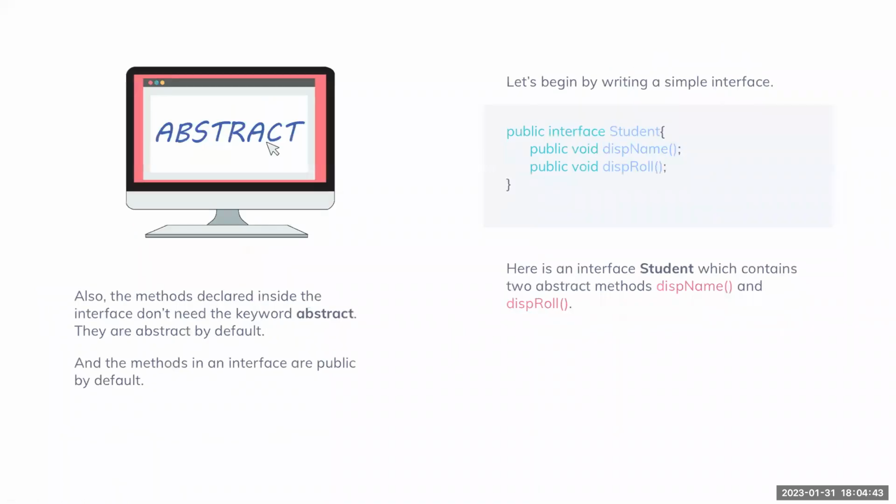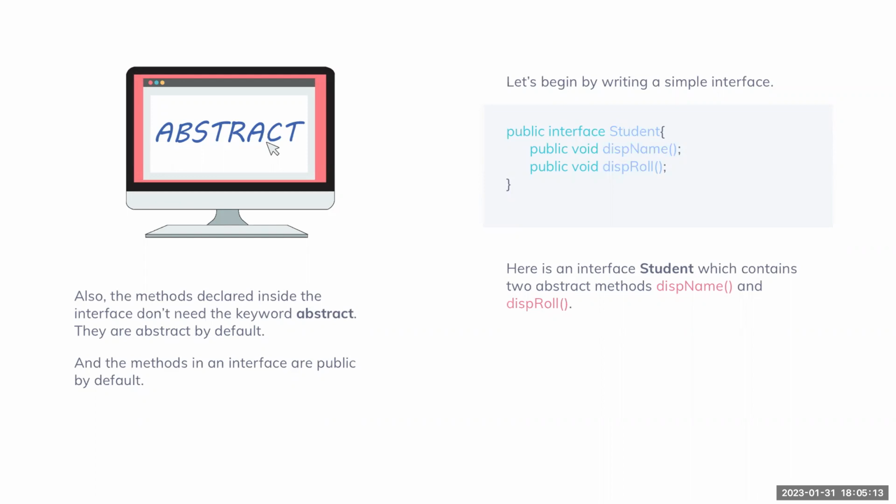So when you say the interface itself is abstract, then we might have a doubt about what exactly happens with the methods inside the interface, right? Everything is abstract. The methods declared inside the interface don't need the keyword, because the interface itself acts as abstract. So they're also abstract by default.